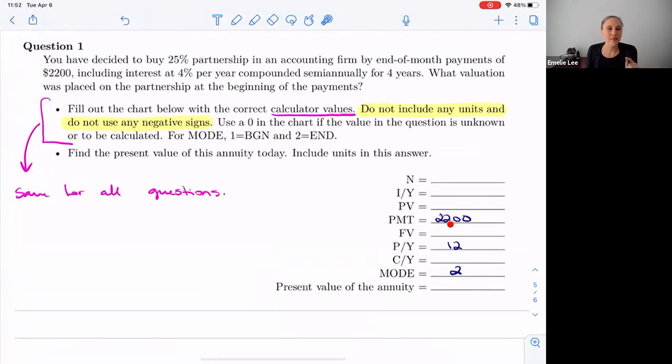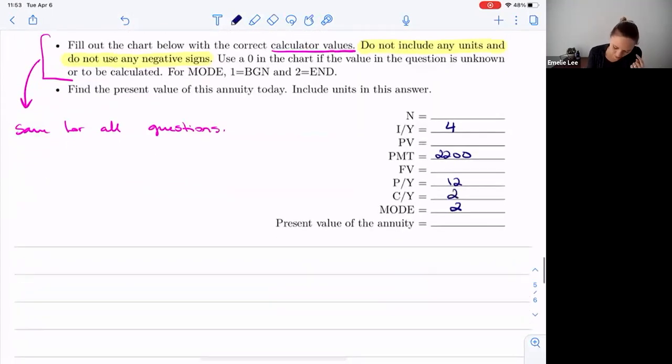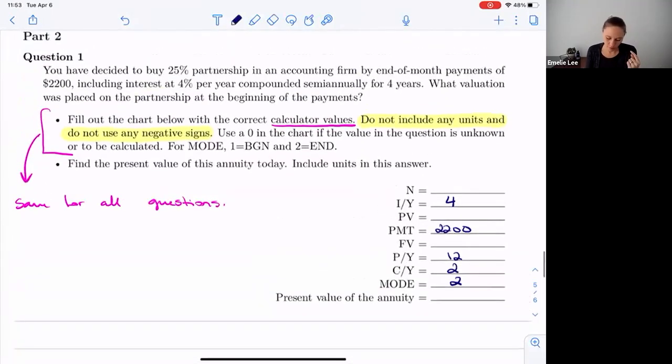Okay. And then interest is 4% per year. So the interest per year is 4. Remember, we don't convert it to a decimal in the calculator. Compounded semi-annually, so the compounding per year is 2, for 4 years. Okay, so 4 years with monthly payments.